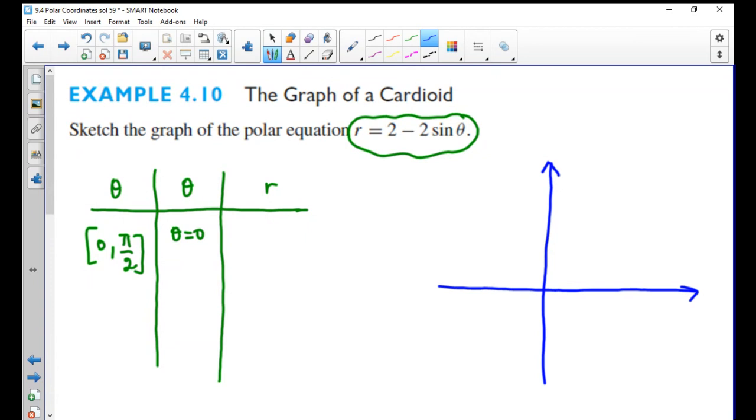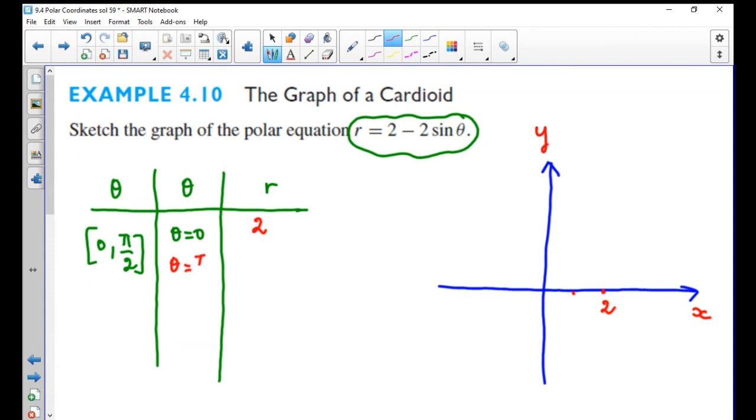Okay, when theta is 0 and you substitute, you will get 2, yeah? So that means we are starting our graph at this point 2 here. R is 2, and so that's x, and this is y.